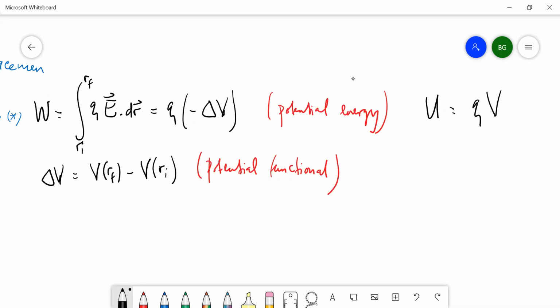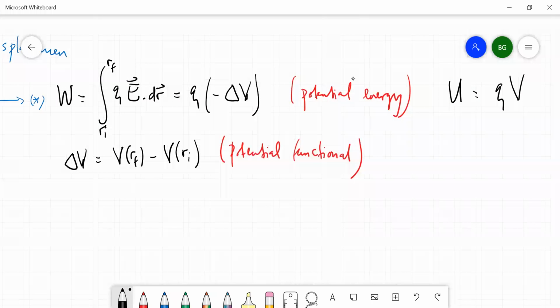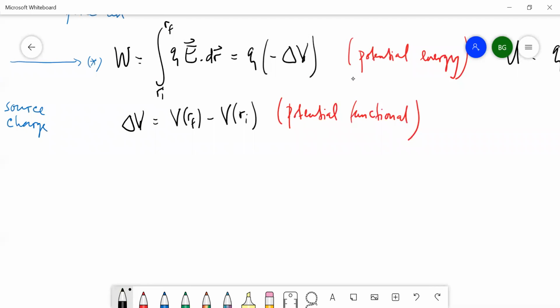Okay, we could make an example. For example, a point particle. Let's see. E is Q over 4 pi epsilon 0 r squared.